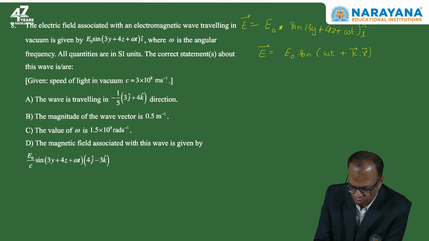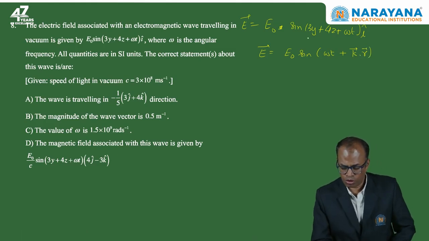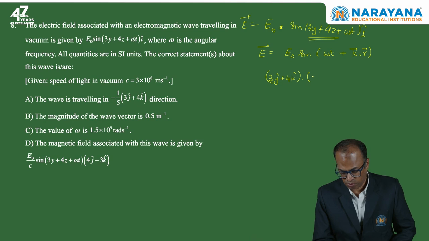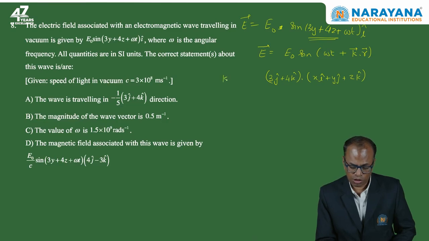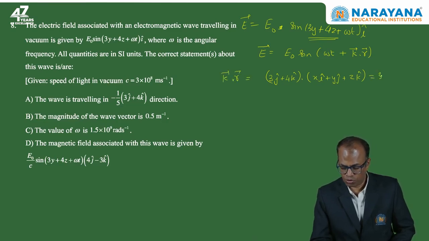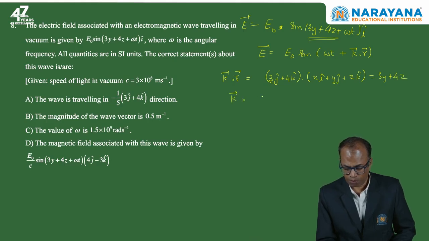Then k gives the direction. So you can write this as (3j cap plus 4k cap) dot r, where r is x i cap plus y j cap plus z k cap. So this k dot r becomes 3y plus 4z. So clearly the propagation vector is 3j cap plus 4k cap.